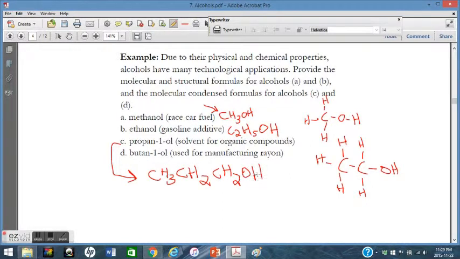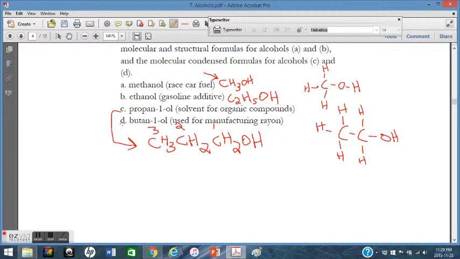By convention, when we write this out, the hydroxyl group always ends up at the end, even though if we were numbering this, this would be carbon number 1, number 2, and here would be number 3.